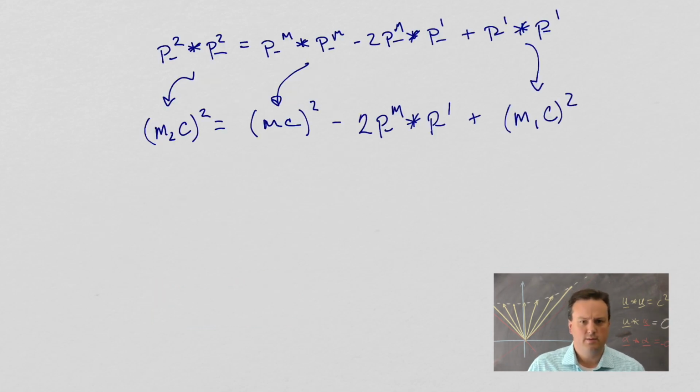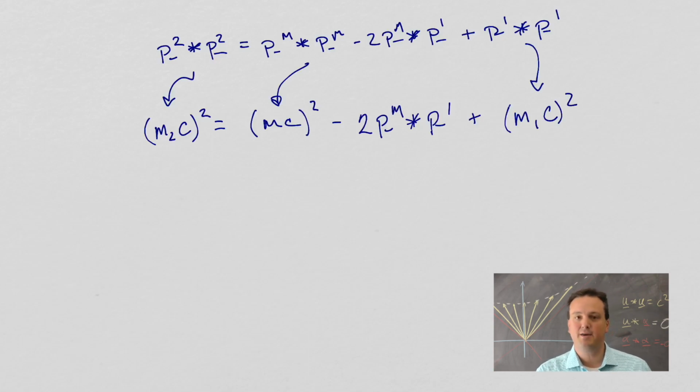And so what I found was that I can get to the answer that I want by studying that equation that came from step 3, right? So this is the P2 dotted with P2. And the reason why that's so useful is if I look at all of those terms, many of these things are space-time invariants, right? If I have any particle's four-momentum dotted with itself, all I get out is m squared c squared.